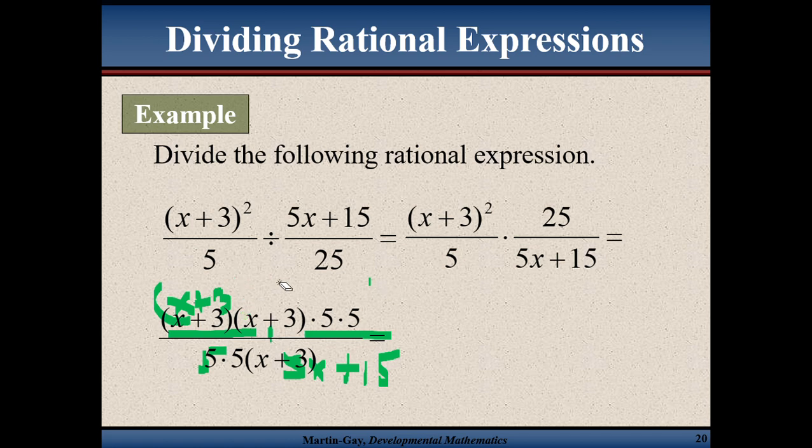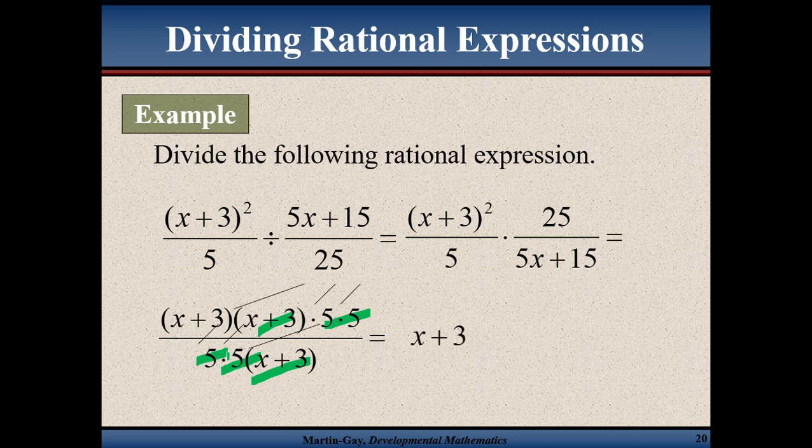Burahin ko lang to. Okay. So, pwede na tayo mag-cancel. So, pag kinancel natin, this one, cancel, cancel. So, we have x plus 3. Medyo tumaas lang yung mga cancel niya. So, we have x plus 3.